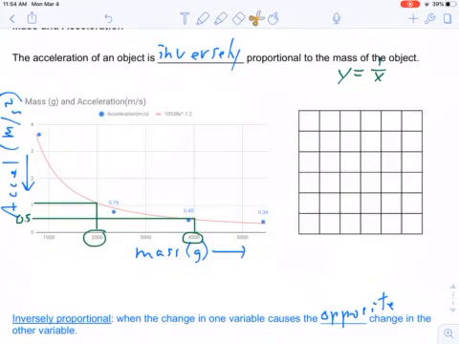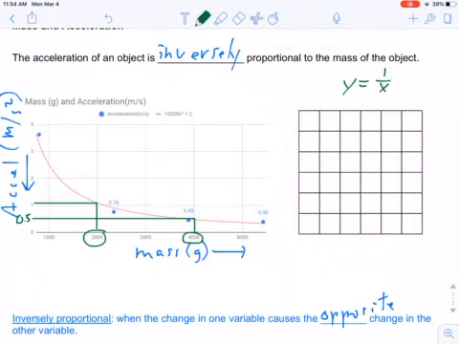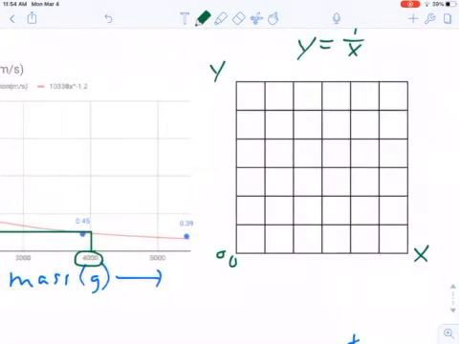So, this is x, and this is y. 0, 0. So when x is 1, let's just say y would be 1 over 1.